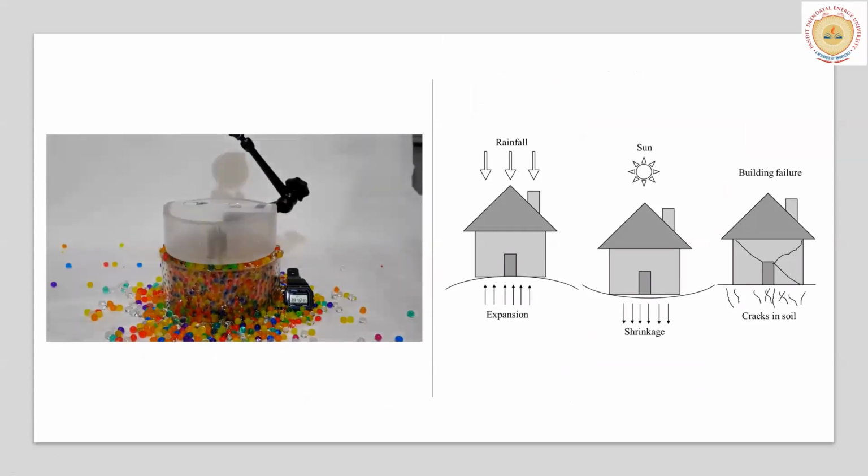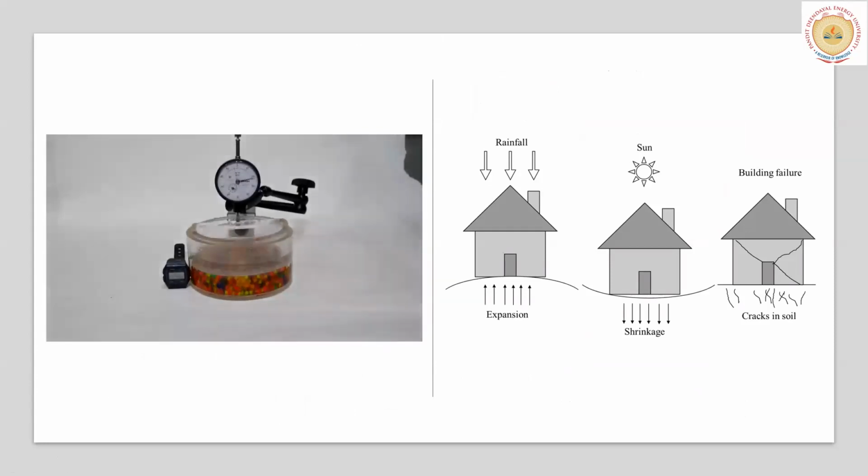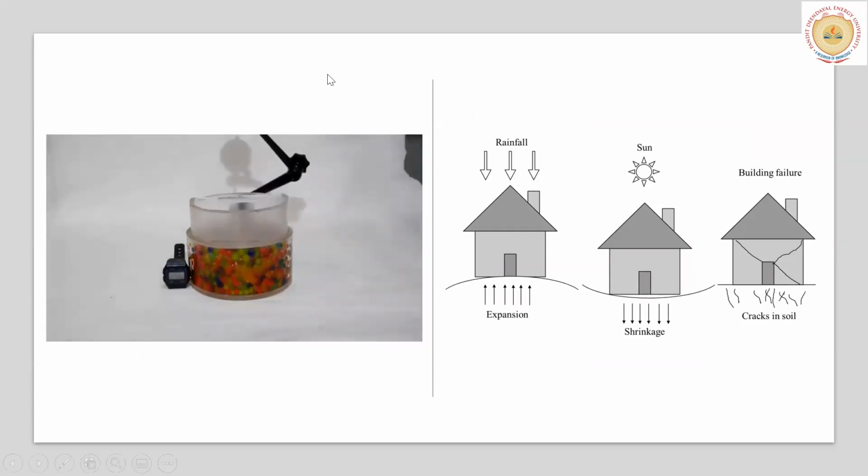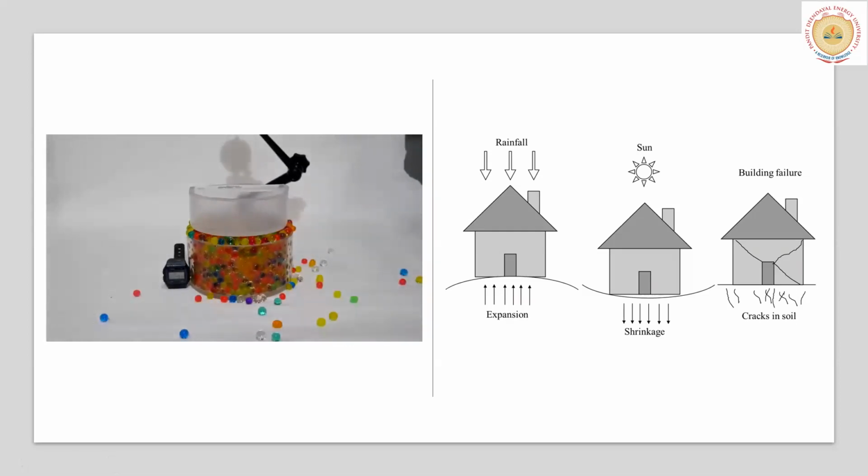To measure this swelling, on top of it you have a dial gauge measuring the swell. You can see that it has gone more than 200%. The same thing, believe it or not, happens with soils which will swell up to 300% of their volume.